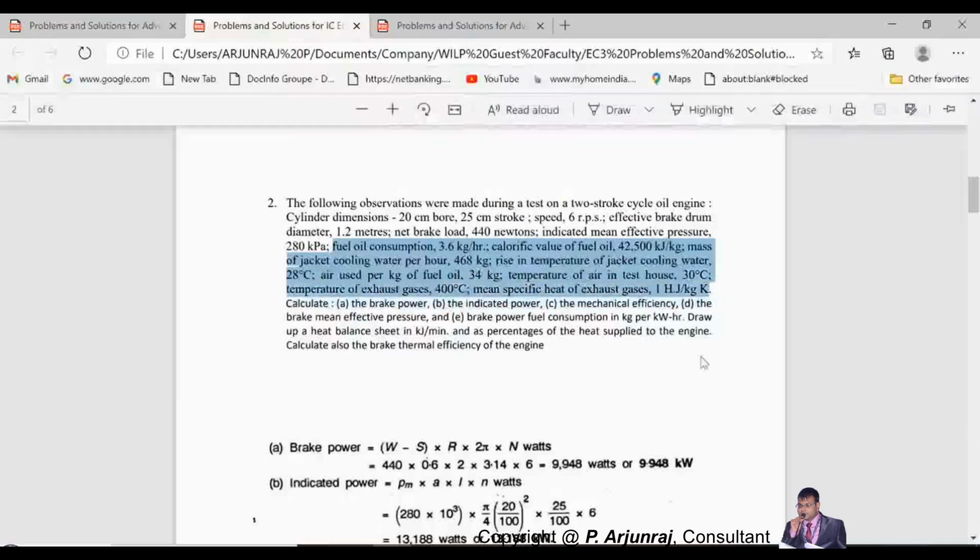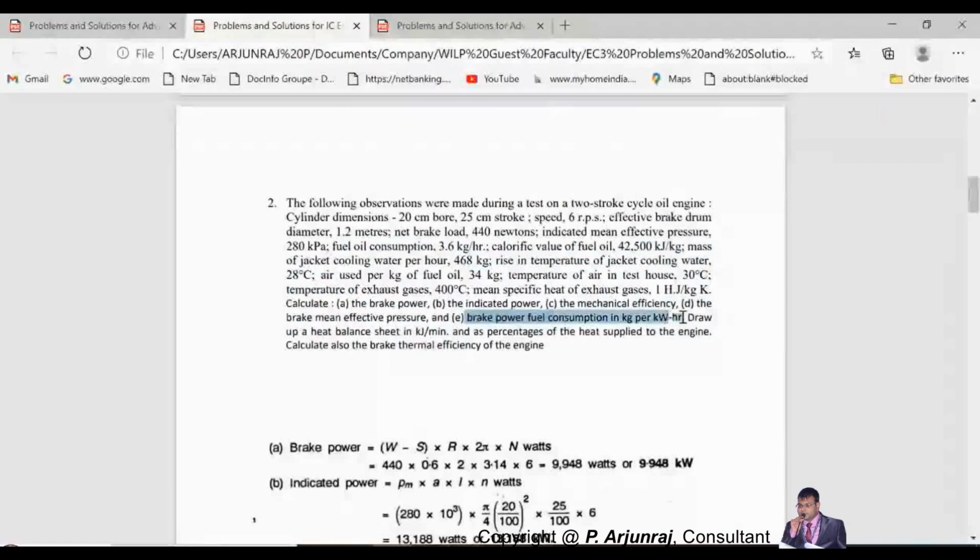Now we have calculated the brake power, indicated power, mechanical efficiency, and also the brake mean effective pressure. Now we need to calculate the brake power fuel consumption, which is in terms of the mass flow rate of the fuel, the specific fuel consumption, in kg per kilowatt hour.